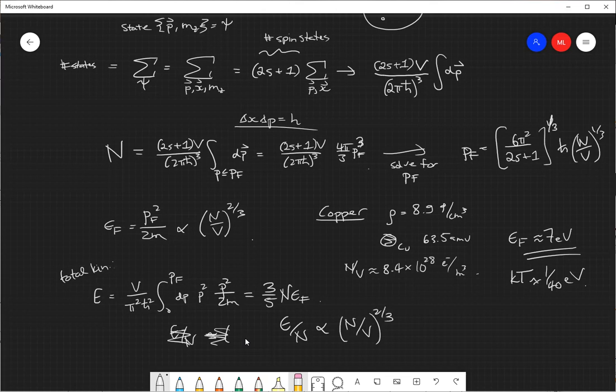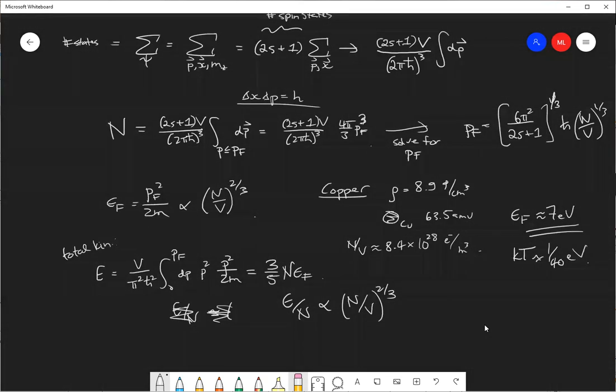Same as the Fermi energy. They'll just scale the same as the Fermi energy.